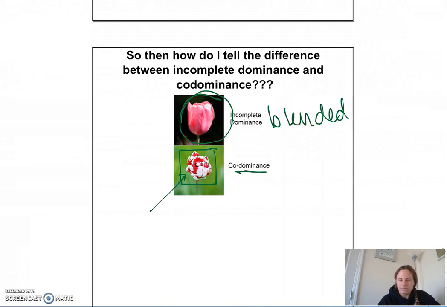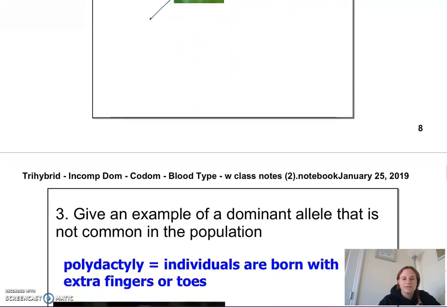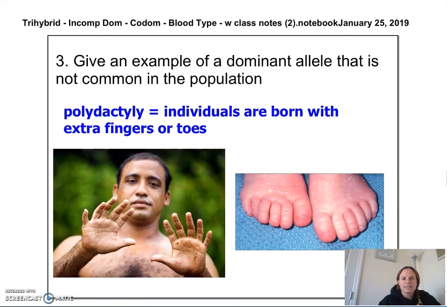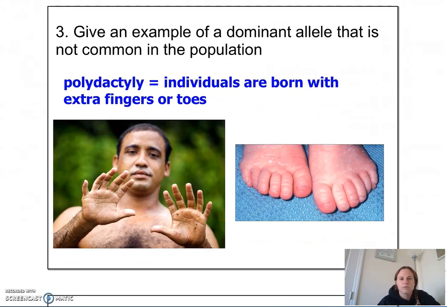Last thing before I end this video, and prepare to have your minds blown, because there's actually a dominant trait that's not common at all. Did you know that having five fingers is actually a recessive trait? Polydactyly is where an individual is born with extra fingers or extra toes.